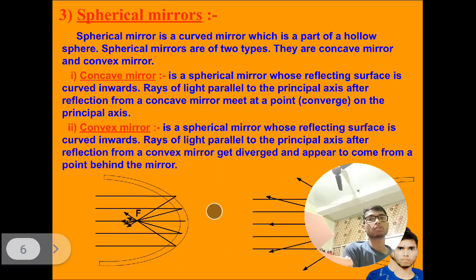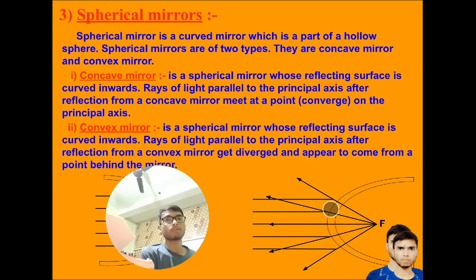Here we were observing that all these parallel lines were converging at F. But in this figure, you will realize that all parallel lines will be diverged rather than converging. It will happen with the convex mirror.